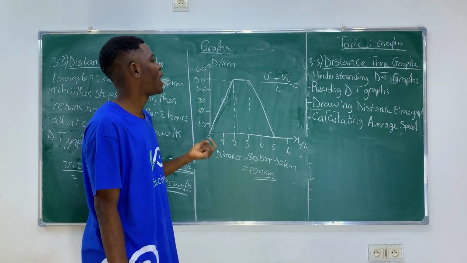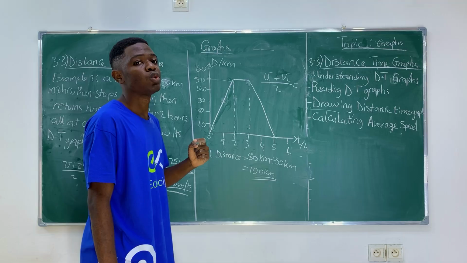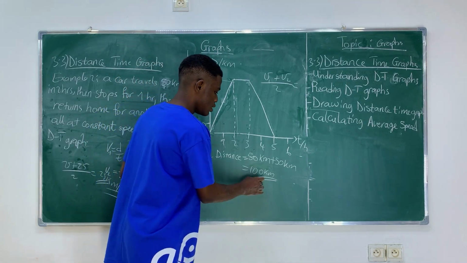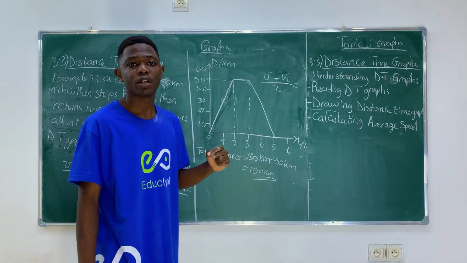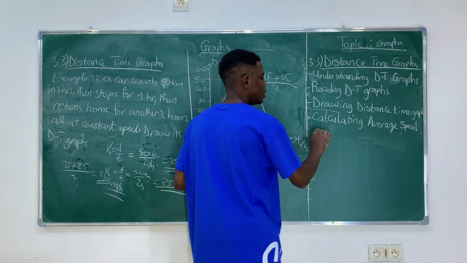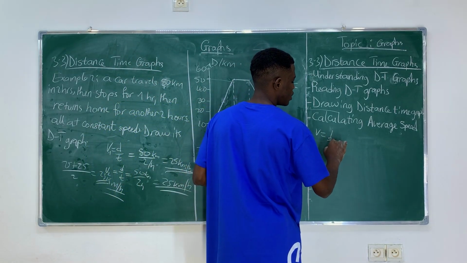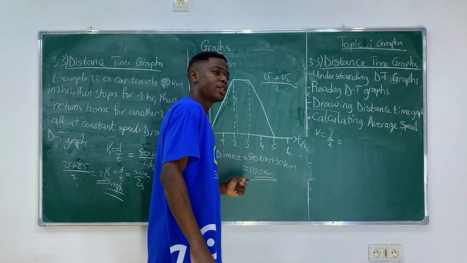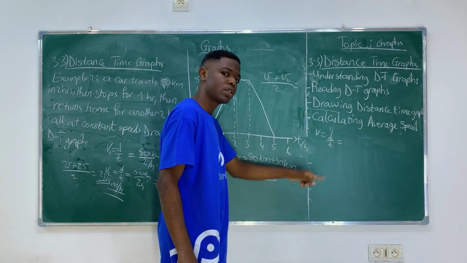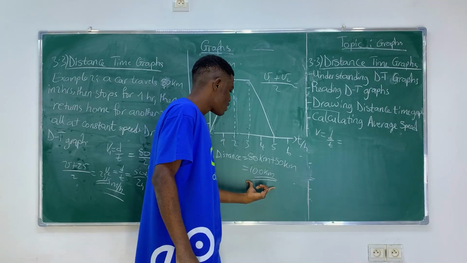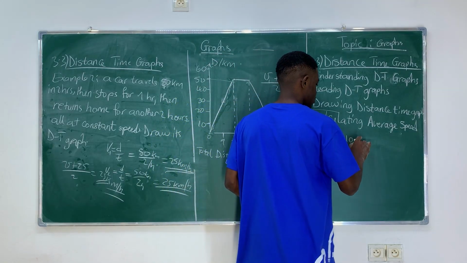So when the question says the total average speed, you calculate the total distance traveled, which is this, all over the total time taken, because speed v is equal to distance over time taken. Which means the total speed equals the total distance over total time taken. The total distance is 100 kilometers.